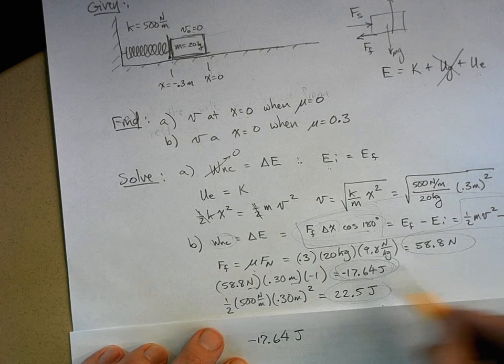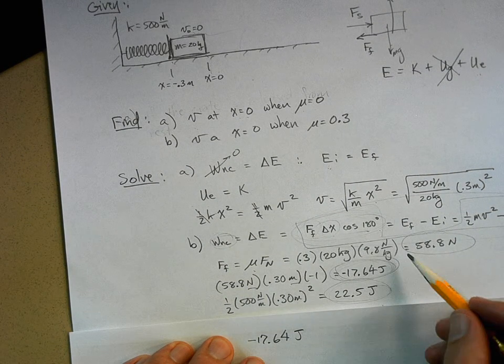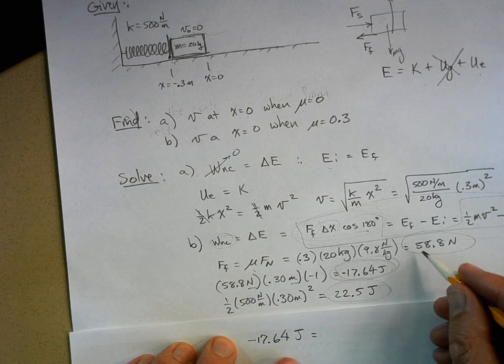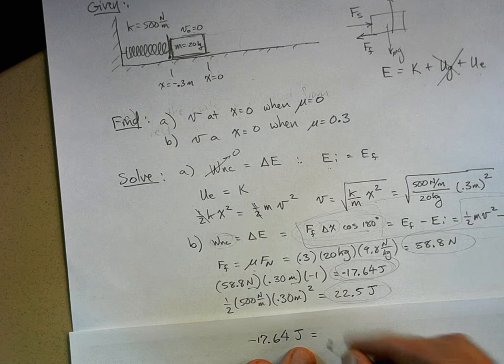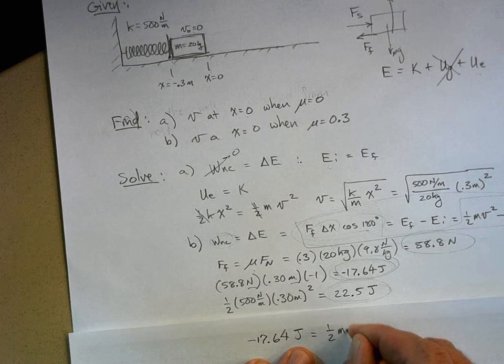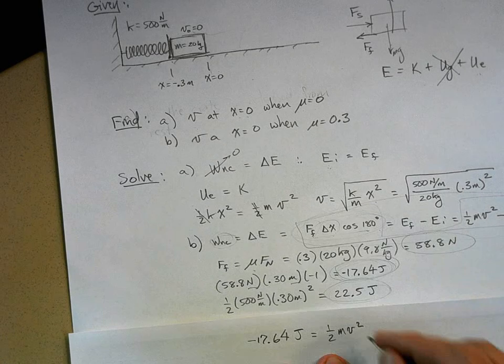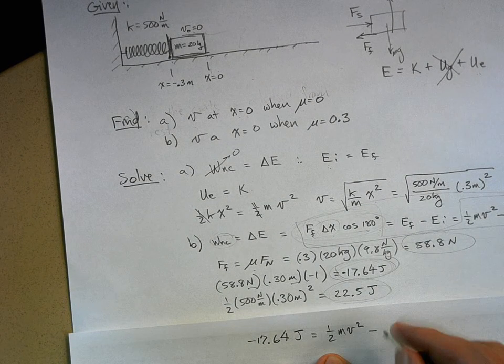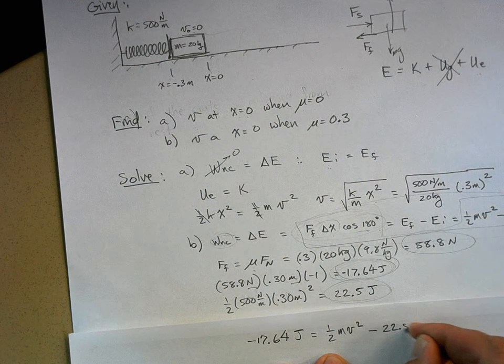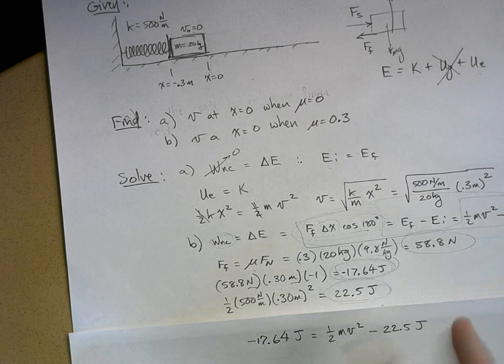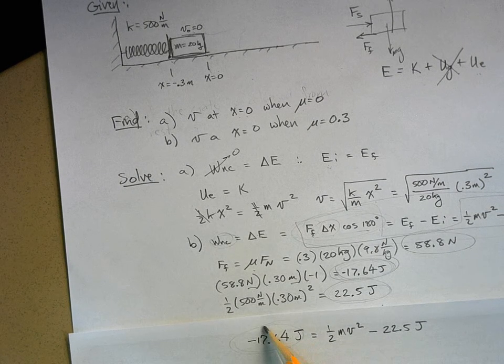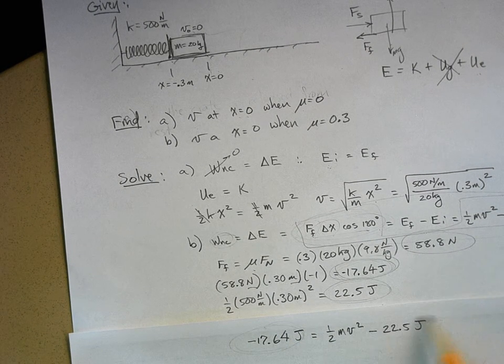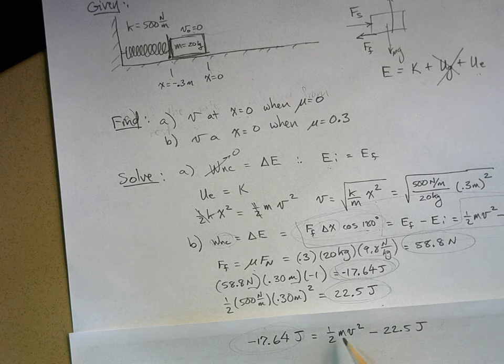That equals the final energy, which is what we want, 1/2 mv squared, and then minus the initial energy we had, which was 22.5 joules. So we lost this much energy. We started off with this much, and whatever we get is left over for kinetic energy.